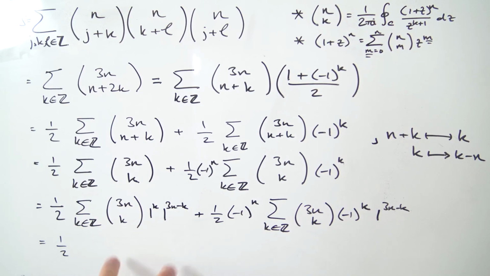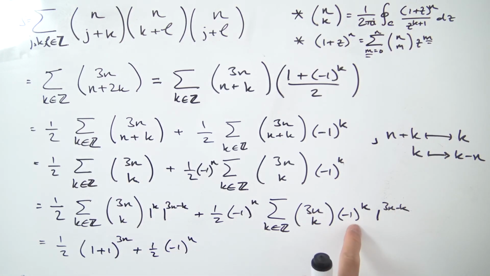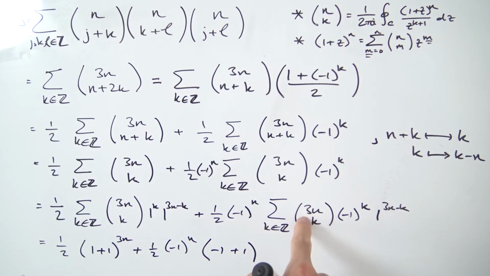So this is a half. This guy over here becomes 1 plus 1, raised to the 3n power, and then we have plus a half times minus 1 to the n, but now what do we have? This is going to give us minus 1 plus 1, raised to, again, the 3n power.